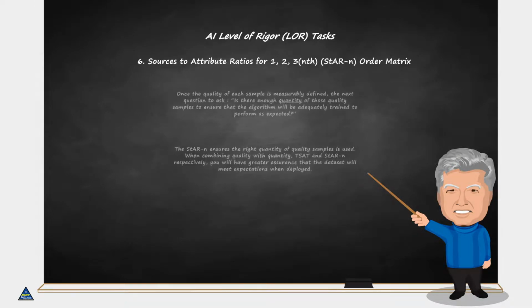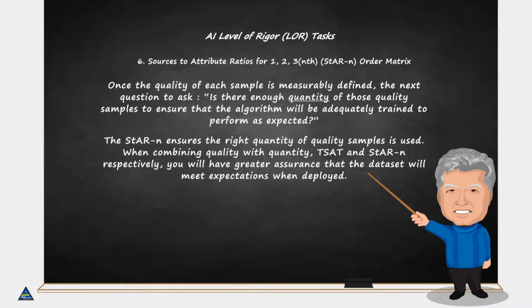The sixth AI level of rigor task is called Sources to Attribute Ratios for 1st, 2nd, and 3rd order matrix, or STAR-N. We also developed this at WD, and we developed it in combination with the previous one, TSAT. But consider that in TSAT, we focused on the quality of each sample.